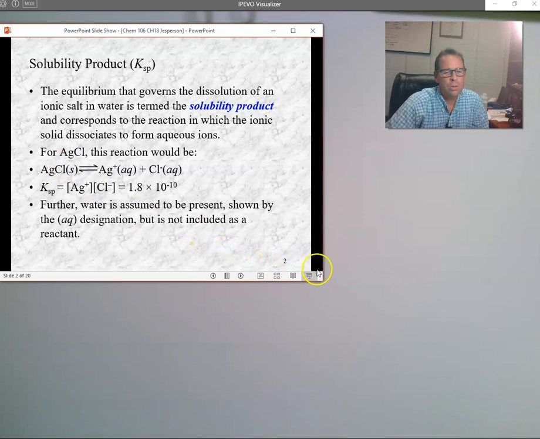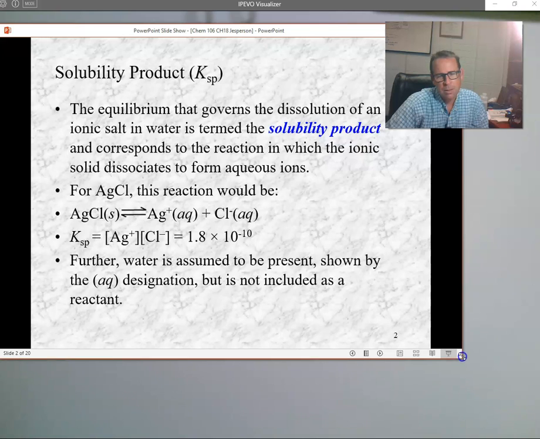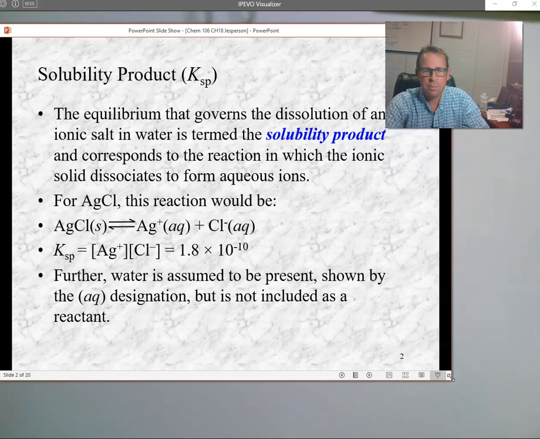They're called solubility reactions, and it's appropriate that we review solubility. In this class, we've gone over the same principles that we went over in 105, but a little more in depth.